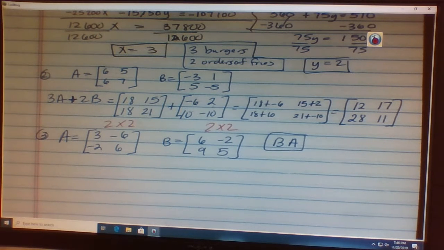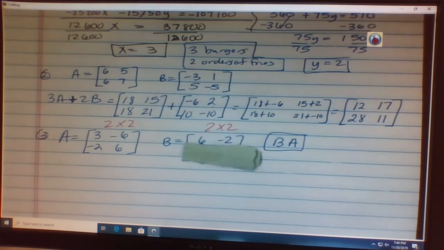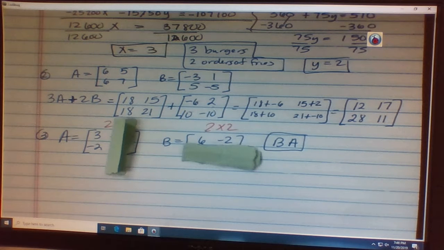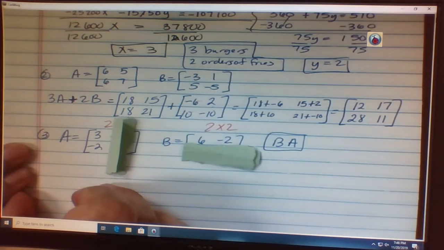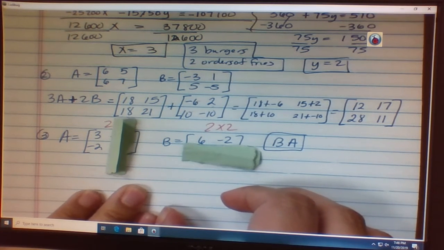But make sure you're using the rows from which matrix? B. Make sure you're using the rows from this one and the columns from this one. Because if you don't do that, then guess what? Your answer is going to be wrong. So sometimes, because of the way that we learned it, it would help that you rewrite B and then A, so you won't make the mistake.